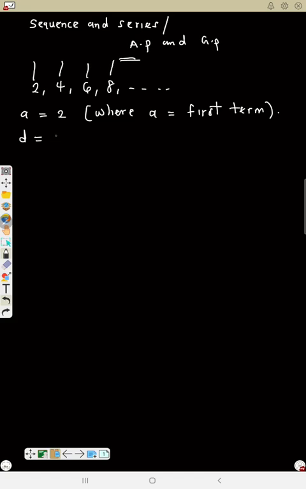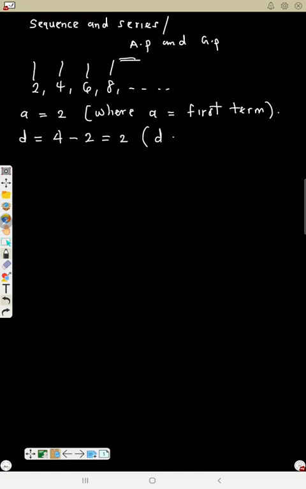The common difference is the second term minus the first term, or the third term minus the second term, or the fourth term minus the third term, anyhow. So now the common difference is equal to 2.